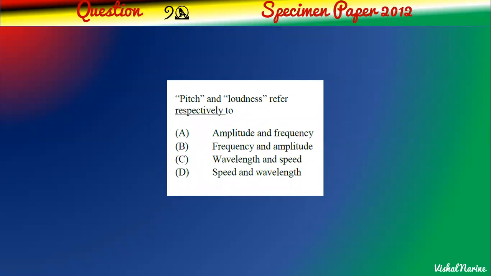Question 90. Pitch and loudness refer to, respectively. Pitch we know refers to the frequency and loudness is amplitude. So the answer there is going to be B, frequency and amplitude.